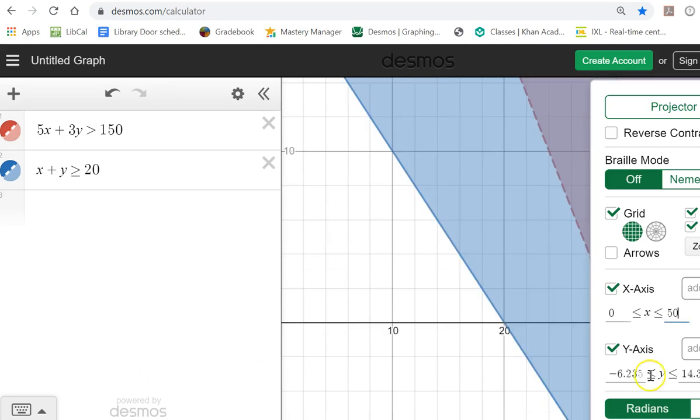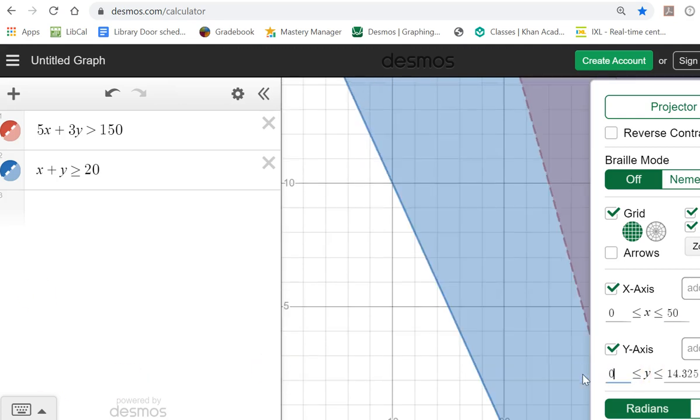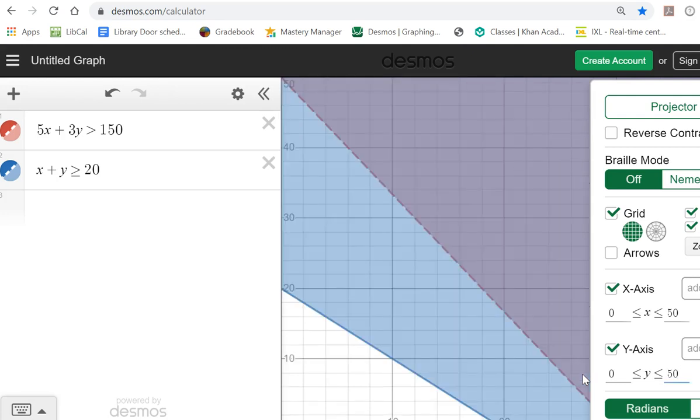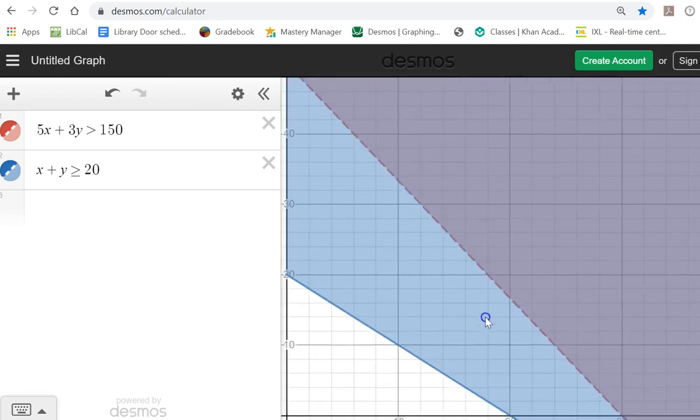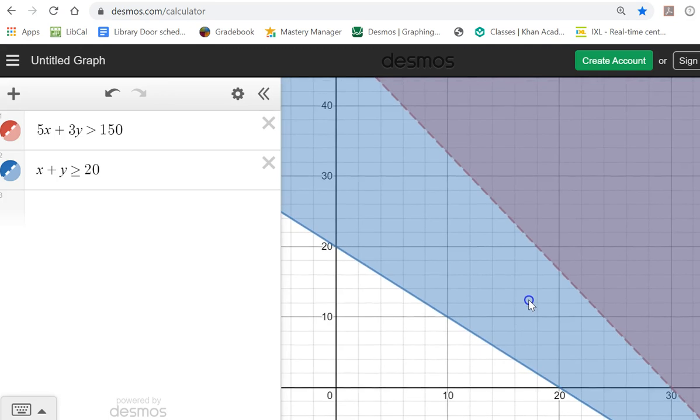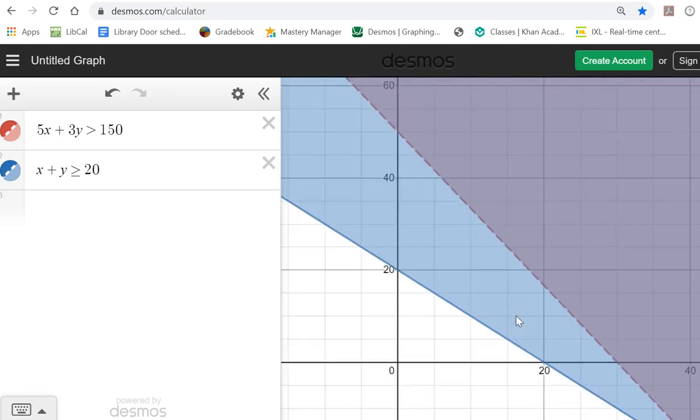And then also on my y-axis, I want to go from 0 to 50. And then that allows me to see, let's zoom out a little bit. There we go. So I can kind of see what the region of the intersection is.